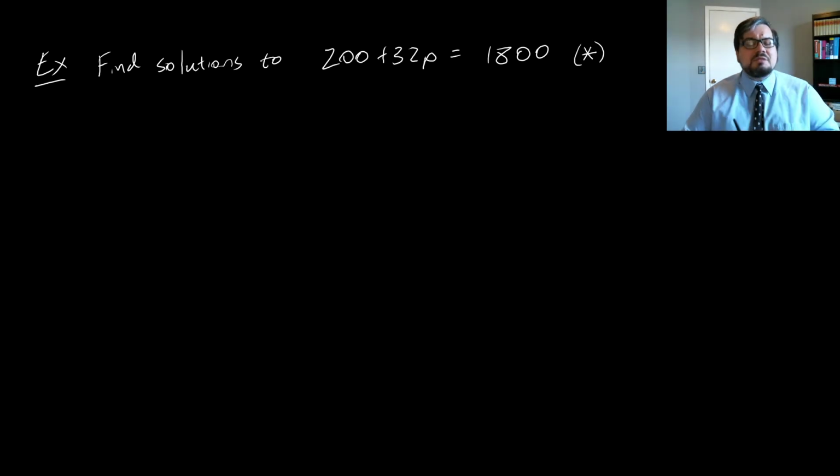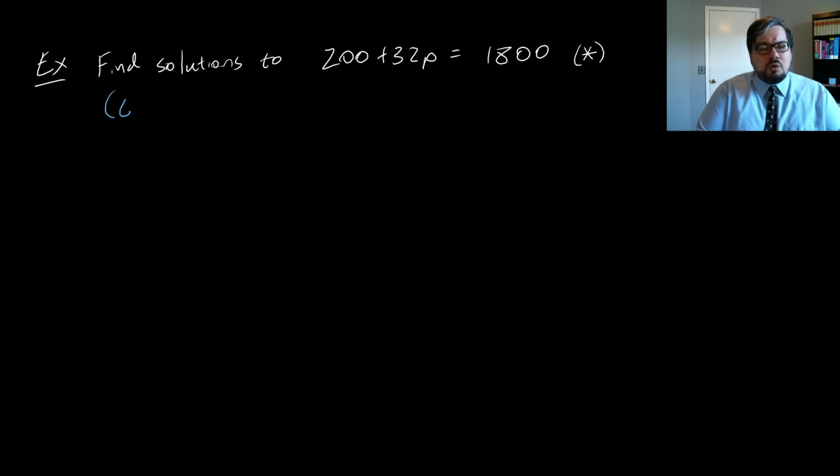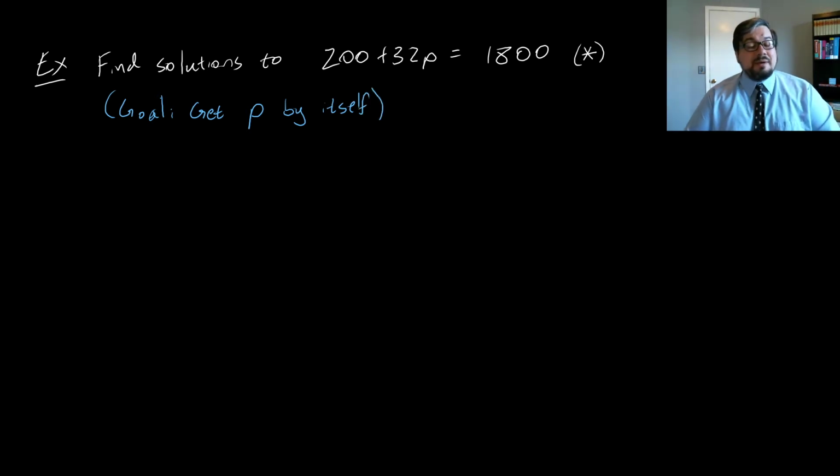The whole point of this process is simplifying this equation, or getting new equations which are simpler, and in particular, our goal is going to be to get the variable p by itself. We'll see that once we get the variable p by itself, the equation has a very, very simple solution set that we'll be able to work with.